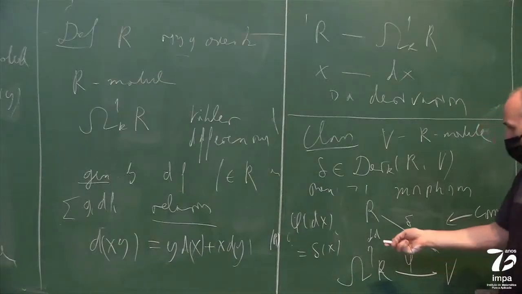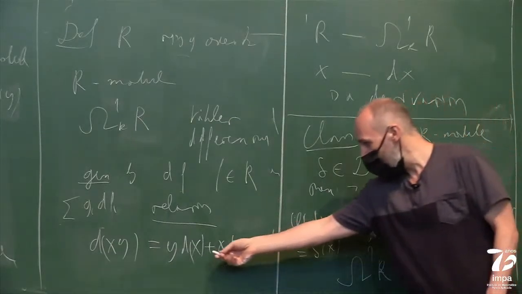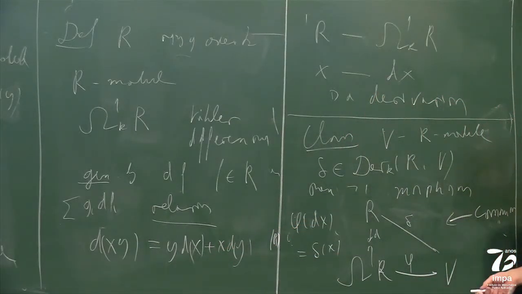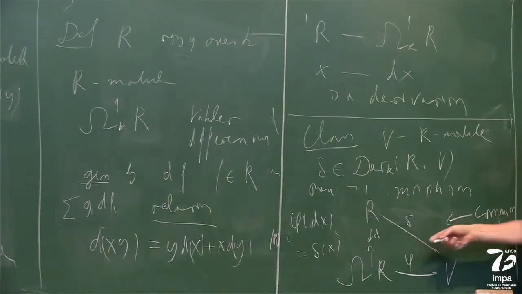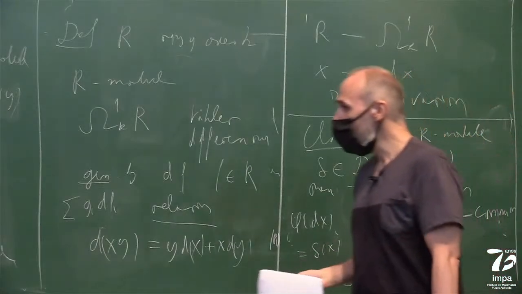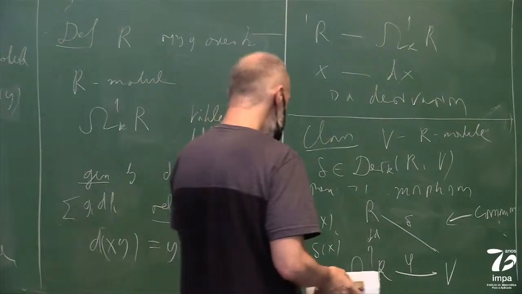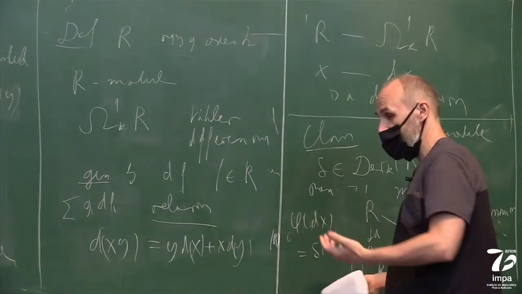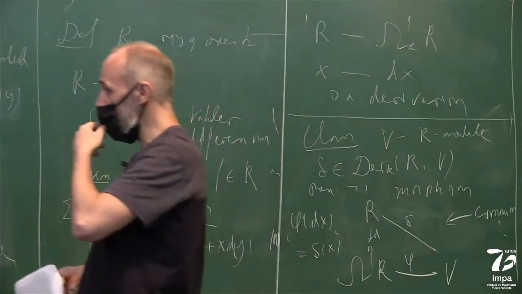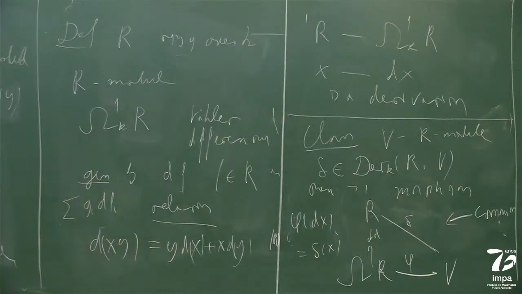And this is well defined because this vanishes on these relations, because delta is a derivation. So this is commutative. So you can think of scalar differentials as a universal derivation. Every derivation factorizes through scalar differentials.